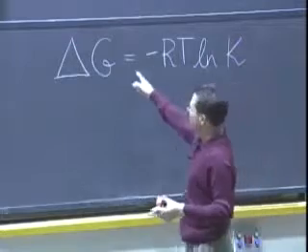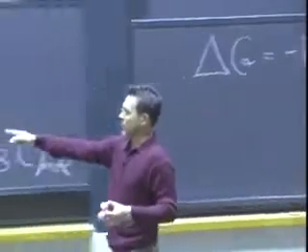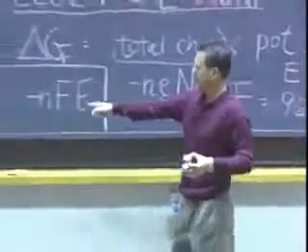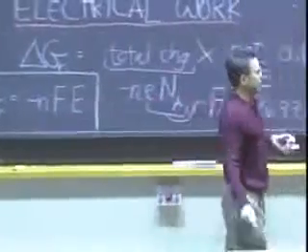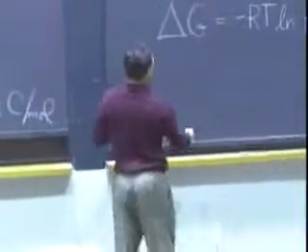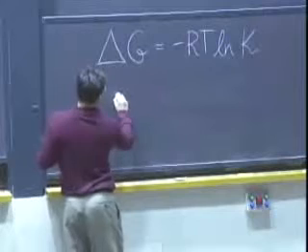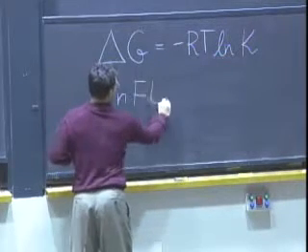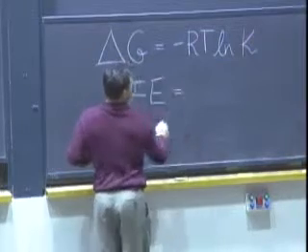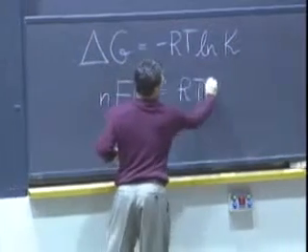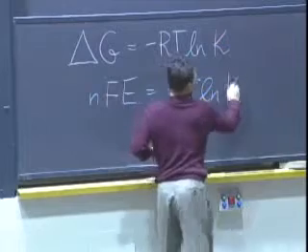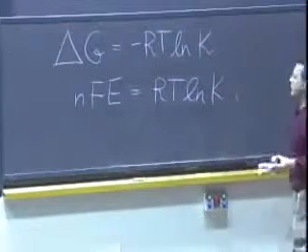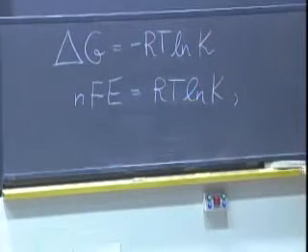And now we have a new expression down here for delta G. Let's go ahead and insert that, and we'll see that nFE° is going to be equal to RT ln K. We can just rearrange that and solve for our quantity of interest.